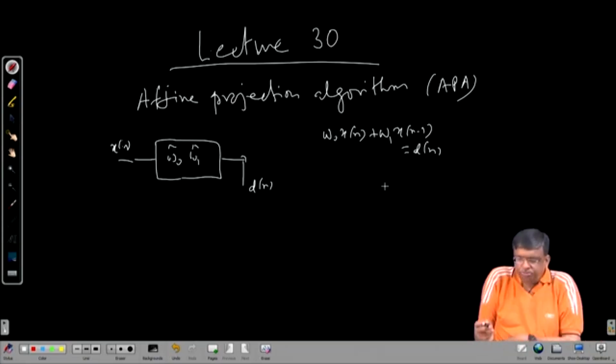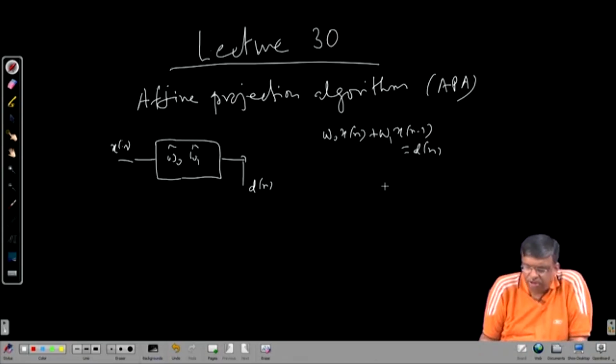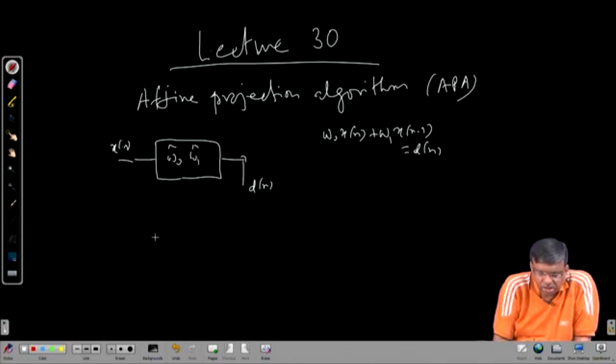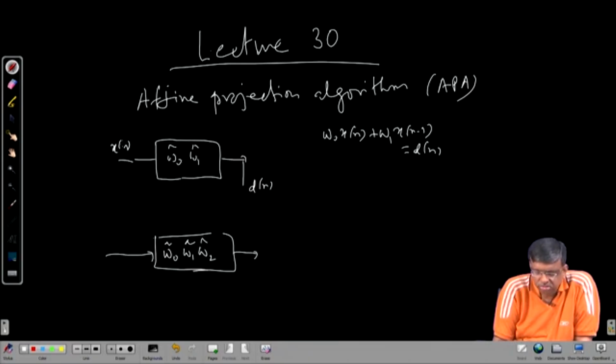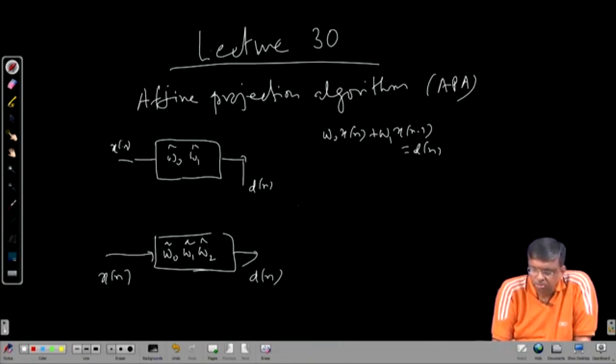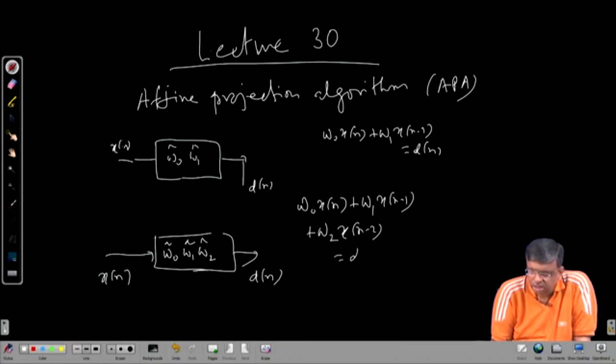In fact, you can see one thing. Suppose we consider this case where I have got 3 coefficients. The same logic will hold. Here it will be general W0 Xn and so on, equal to Dn.